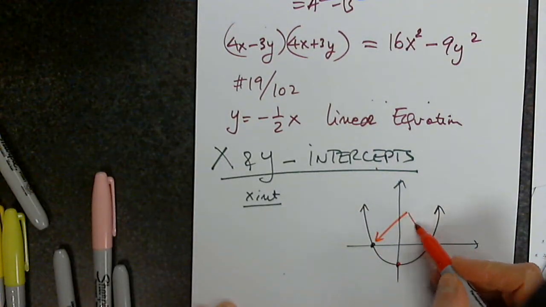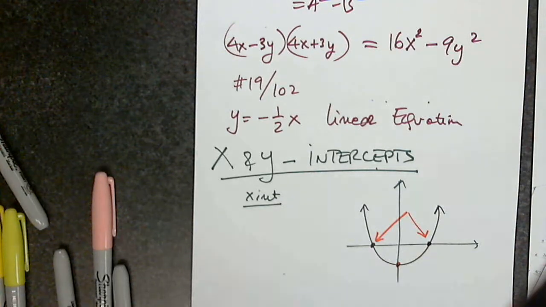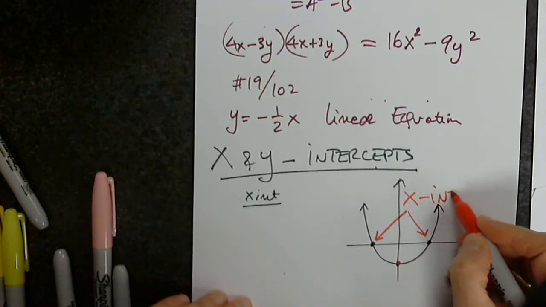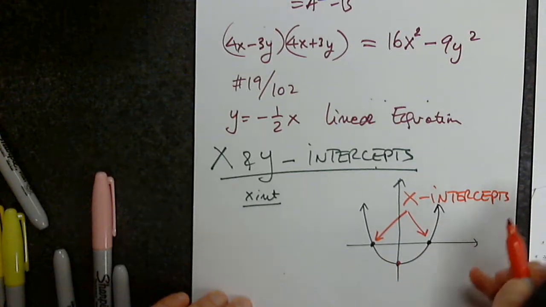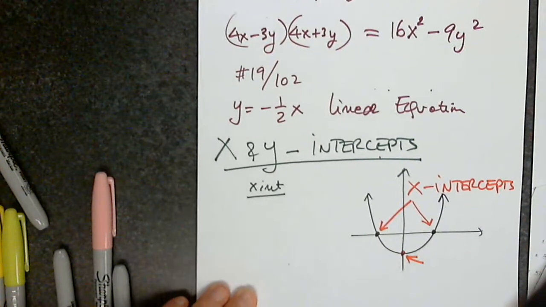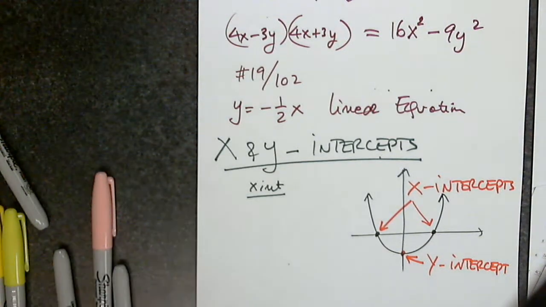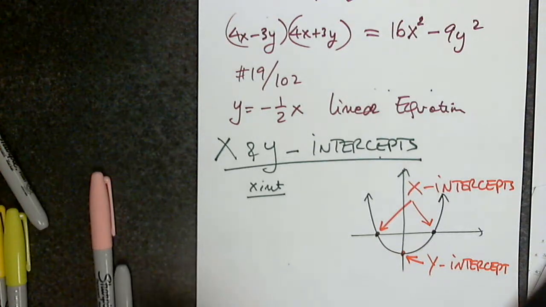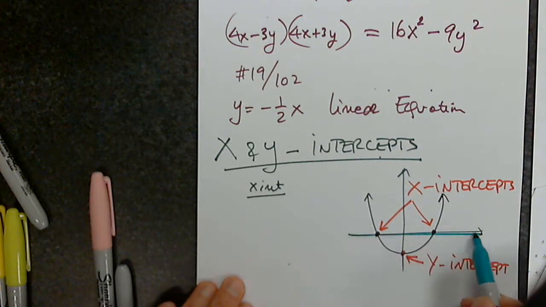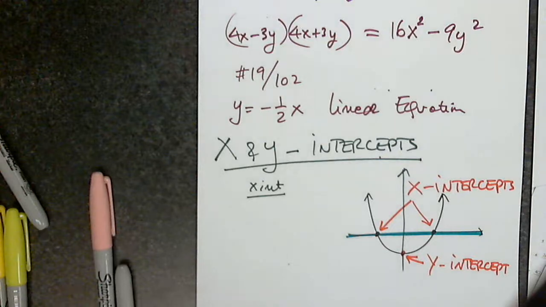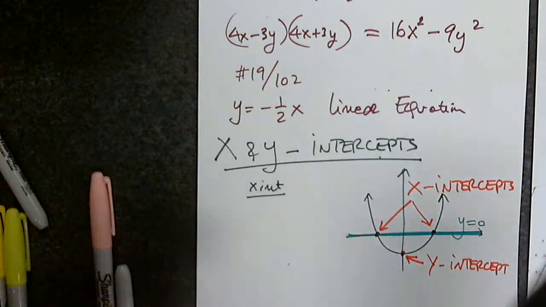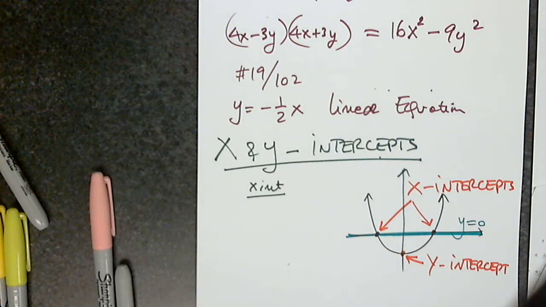So these 2 points are called x-intercepts, and this point is called the y-intercept. Perfect. Now, can anyone give us the equation of this line? Awesome. Indeed, y equals 0. Y equals 0 is a horizontal line at 0, which is the x-axis.